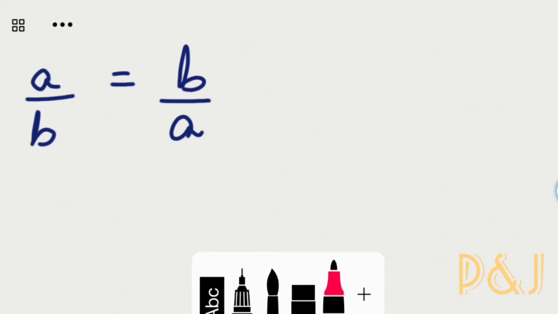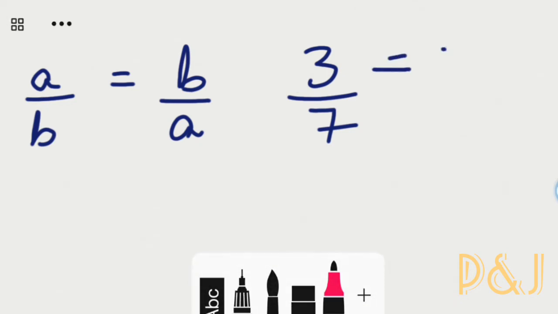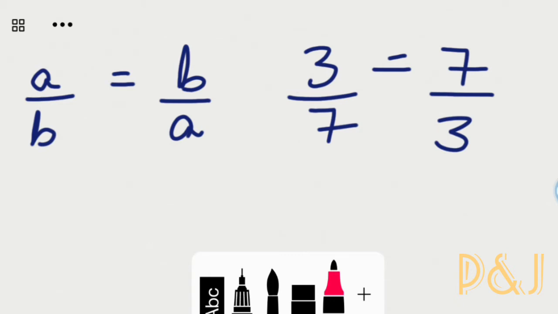So I'll give you an example. Suppose 3 upon 7, its reciprocal will be 7 upon 3. If it is said that we have to take out the reciprocal of that number, then the reciprocal of 3 upon 7 is 7 upon 3.